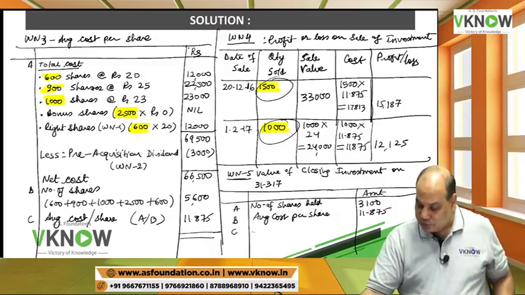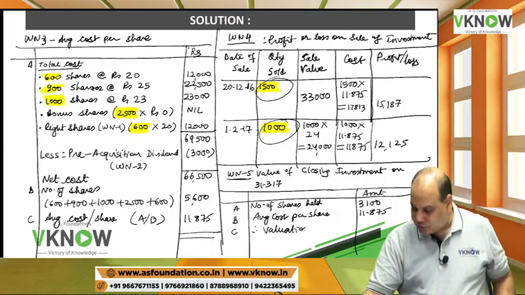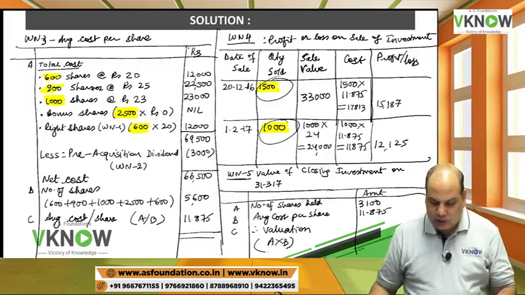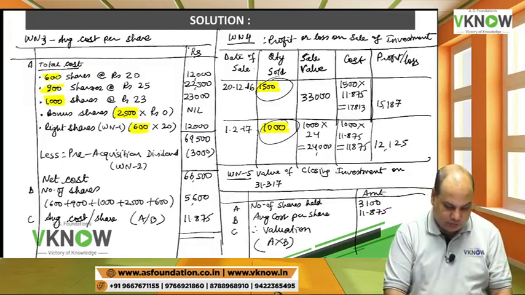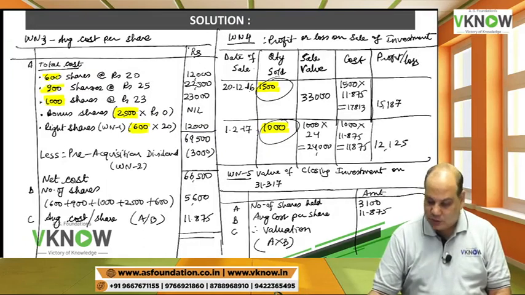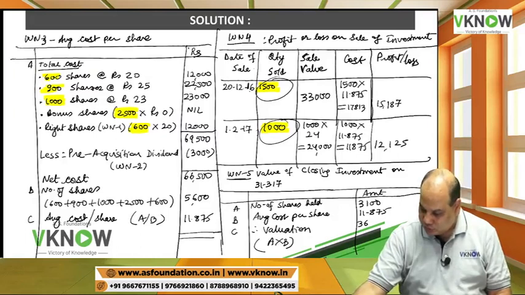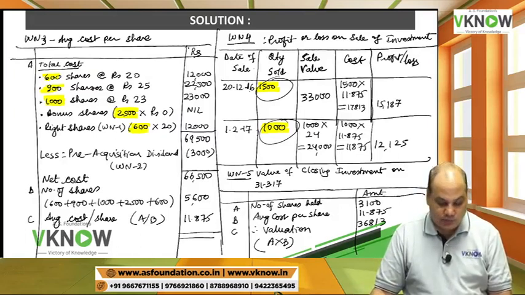So valuation is A into B. Multiply 3100 into 11.875, that is 36,813. Can I make it 36,813? Round off. 36,812 is also okay.